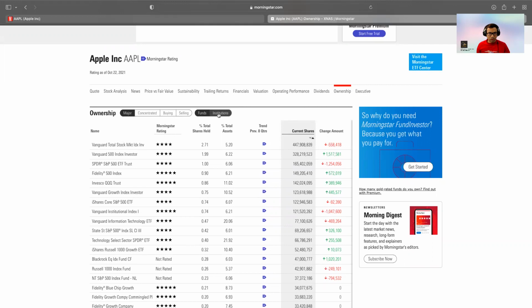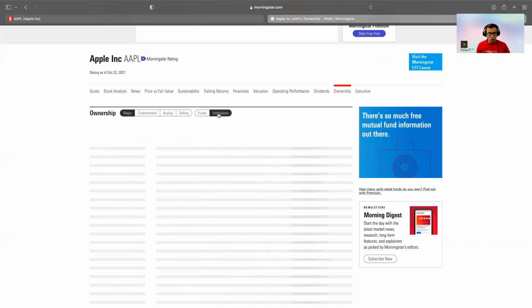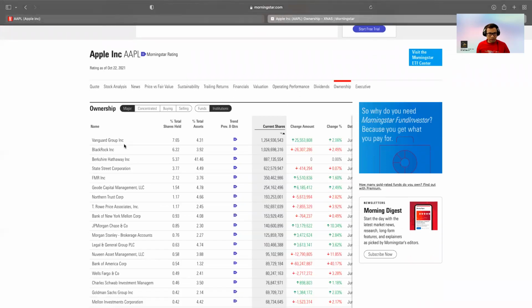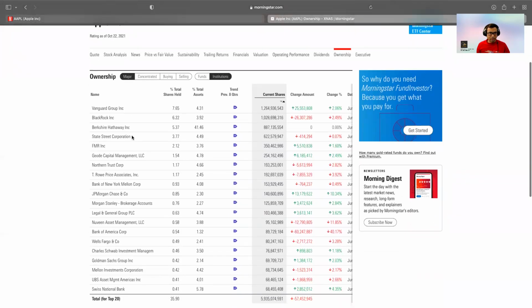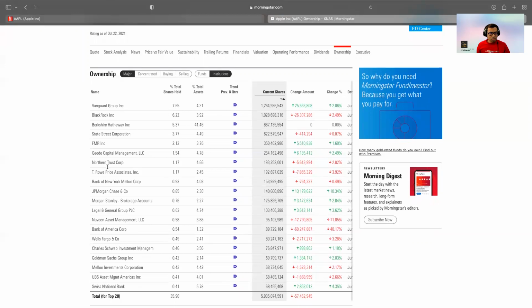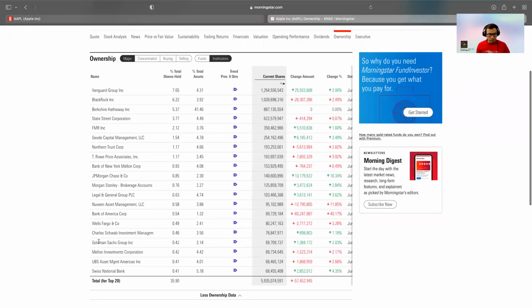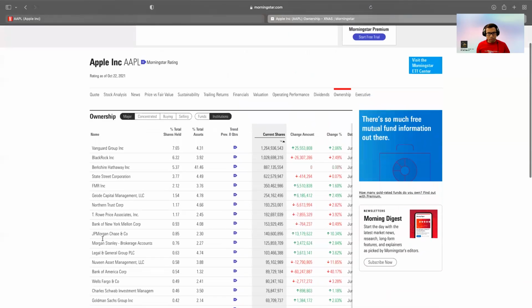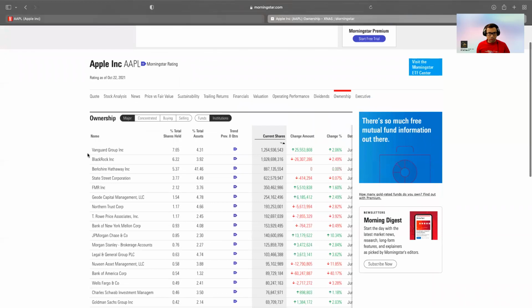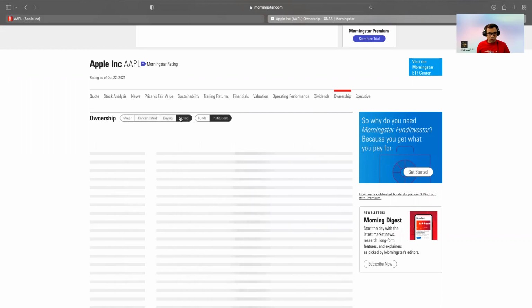If you want to see which institutions own these stocks, we can click institution. Then we can see all the big names like Vanguard, BlackRock, Berkshire Hathaway, which is owned by Warren Buffett, and JP Morgan, etc. These are all the major owners, and we can see who is selling and who is buying this stock.